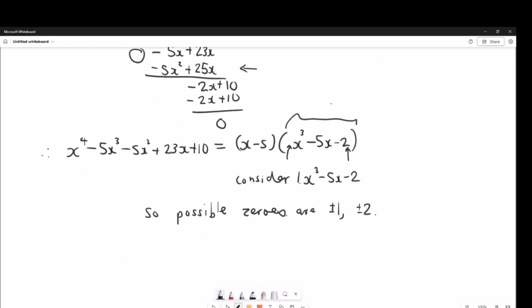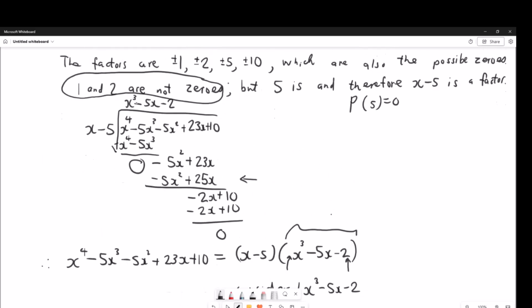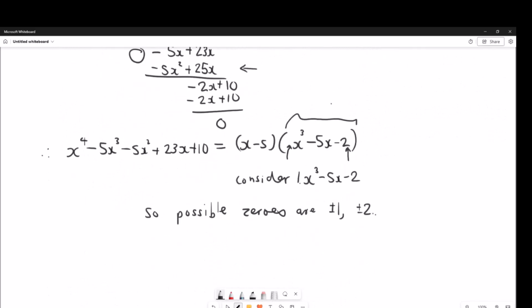However, from the above, we know that 1 and 2 are not zeros. So when you substitute into that original polynomial, you'll see we don't consider them.